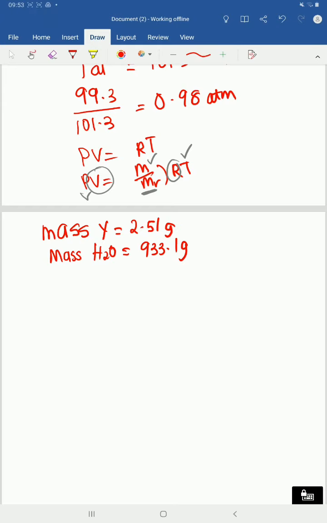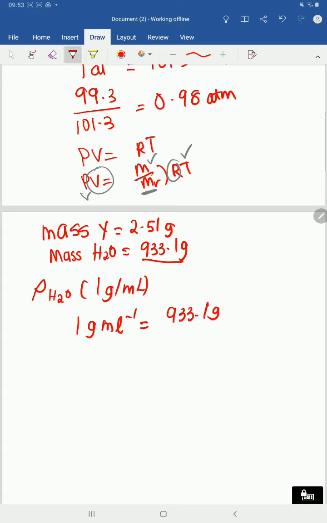The density of water is 1 gram per milliliter. This you need to memorize, it is standard information that everyone needs to know, especially if you learn physics. So for mass, you can get the volume by 1 gram per milliliter equals 93.1 gram over V in ml.